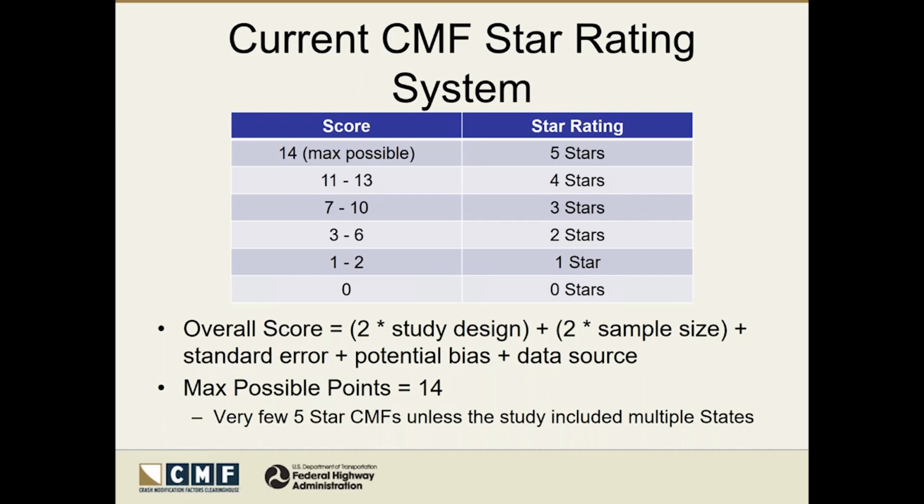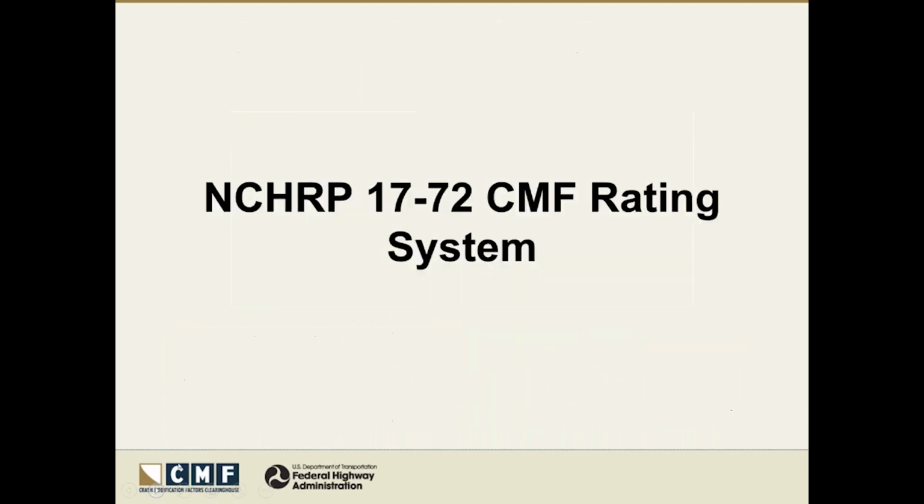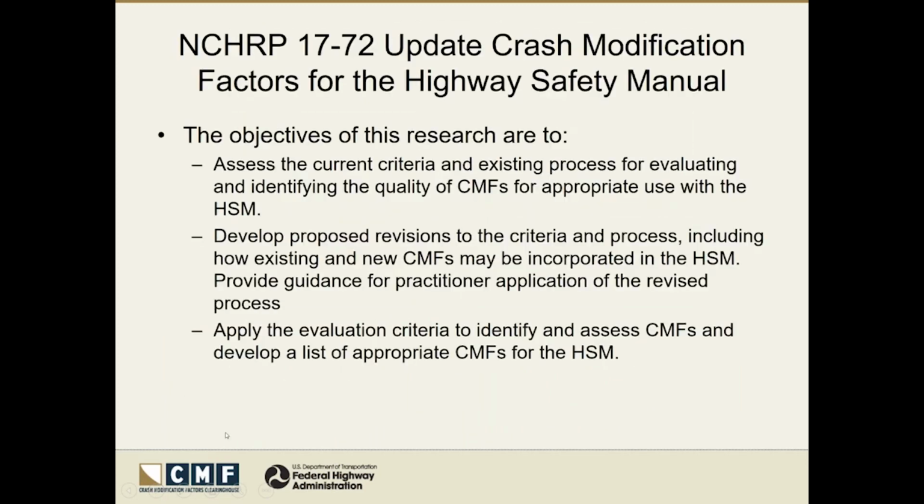Okay, so this leads us now, go ahead to the next slide, and we'll take a look at the changes now to the new rating system as a result of the NCHRP 1772 study. So this study, the objectives were to assess the criteria that was in place from the inception for the clearinghouse for that 5-star rating using the 5 criteria.